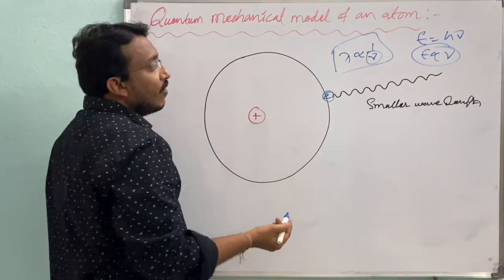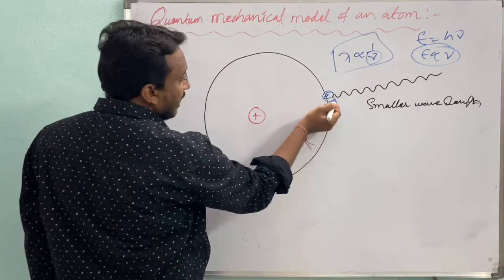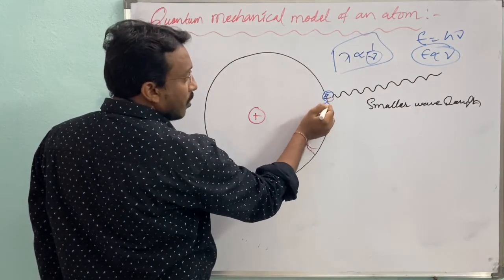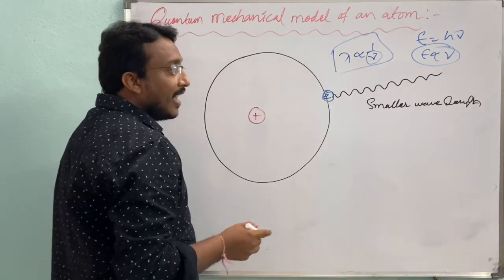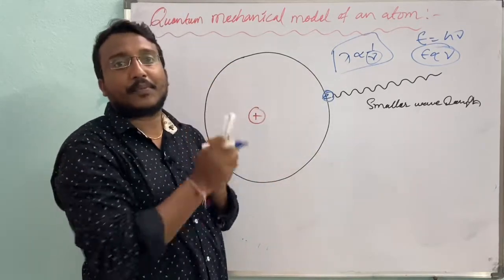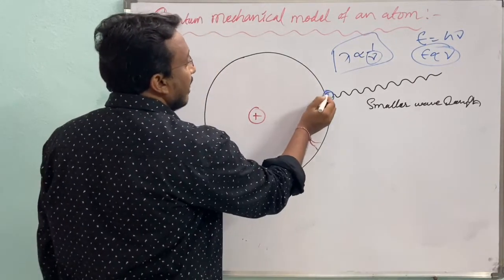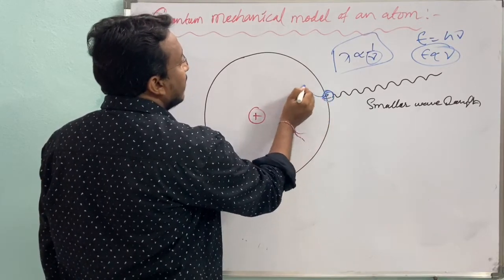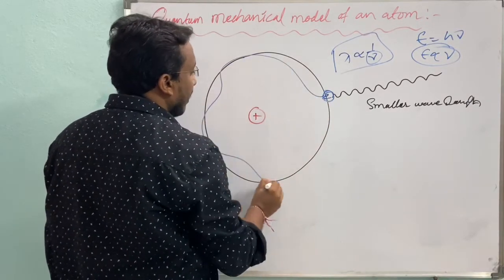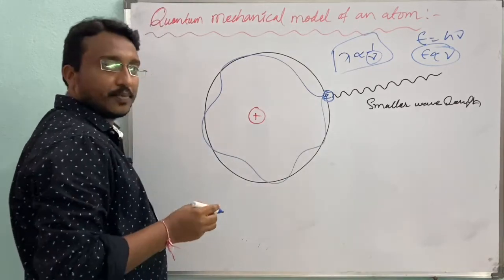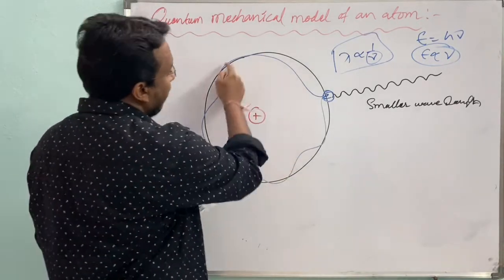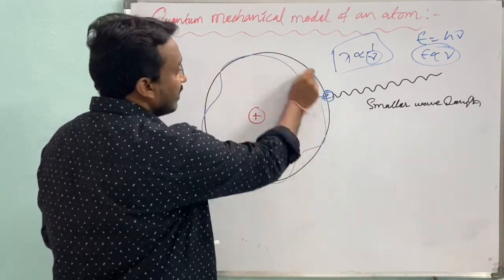If we focus this higher energetic source on the electron, it disturbs its speed and its path. When higher energy falls on it, its path may be disturbed. According to Bohr's atomic model, it is revolving in a circular path, no?